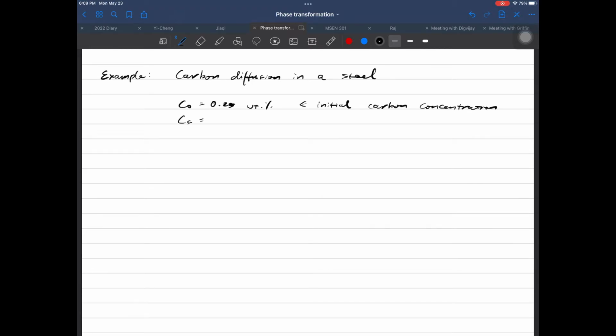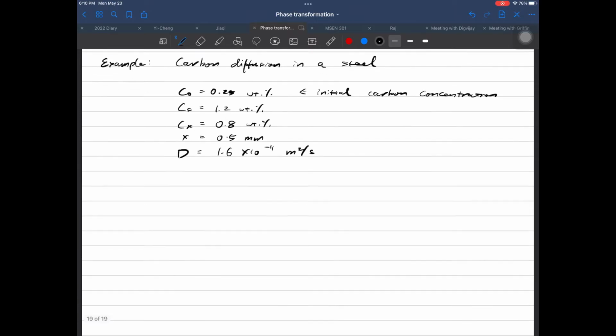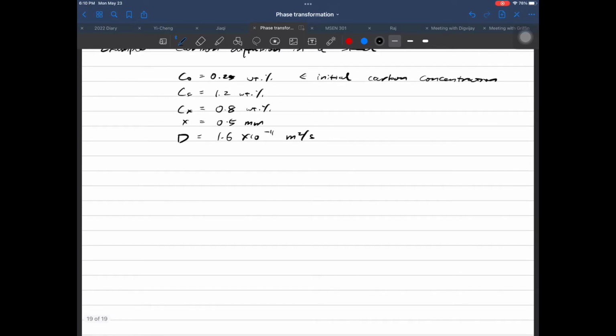We also know that Cx at position x is 0.8 weight%. x is 0.5 millimeters under the surface. The diffusion coefficient is 1.6 times 10 to the power of minus 11 meters squared per second. The question is, how long does it take to do diffusion to achieve a concentration profile described above?